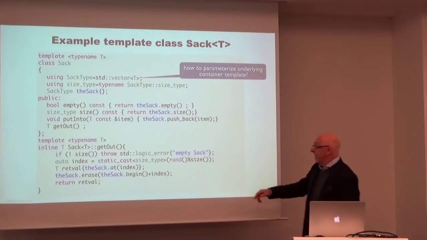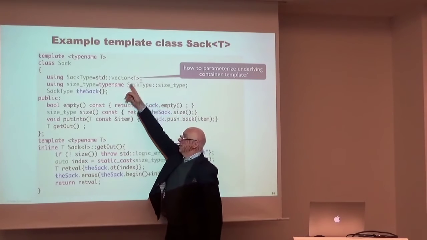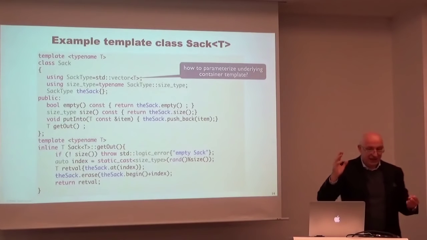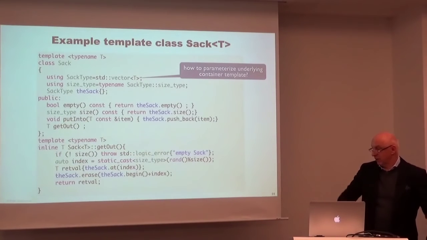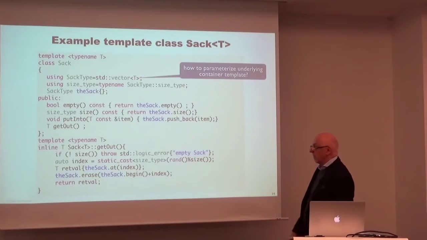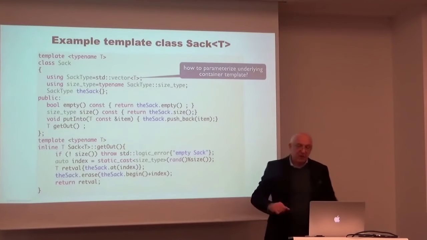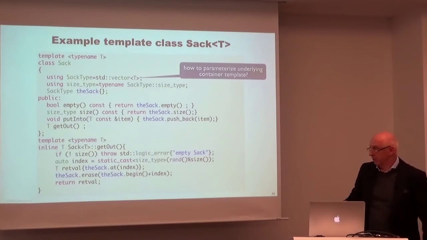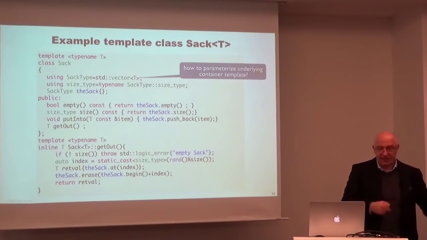But a vector might not be the optimal data structure for actually taking something out of the middle and giving it away and throwing it away from the data structure. So if we have a very big sack, vector might not be the optimal one, or you might pretend it's not the optimal one.